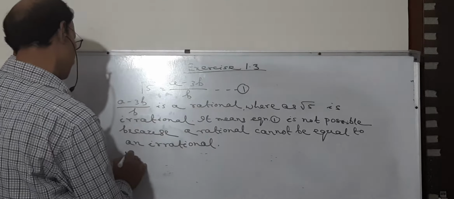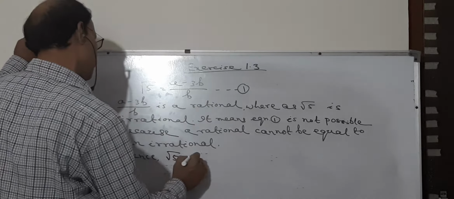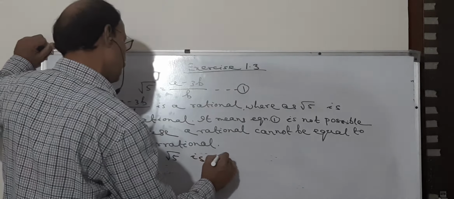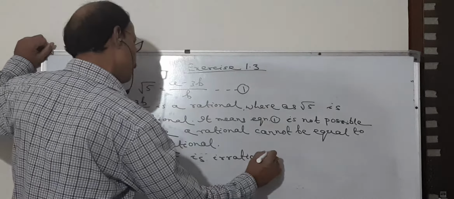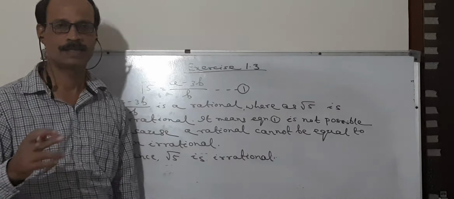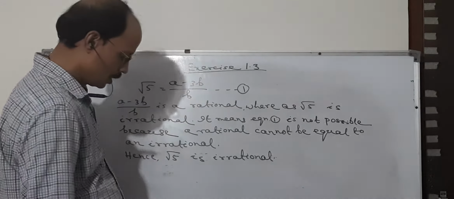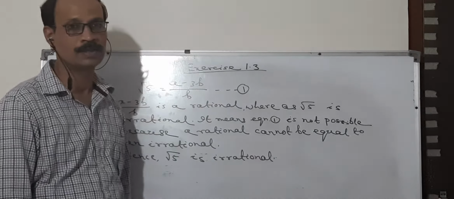Hence, root 5 is irrational. Root 5 is irrational. So this is about question number 2. So let's proceed to question number 3.